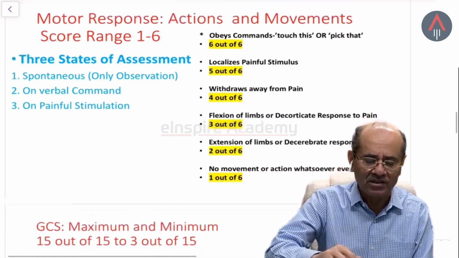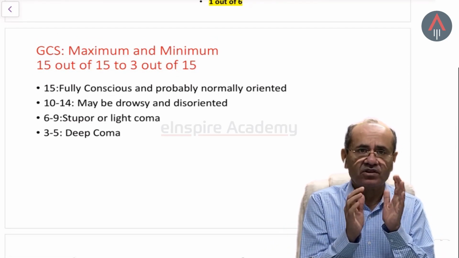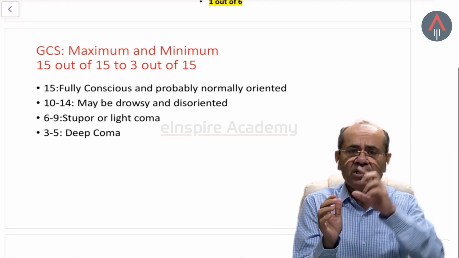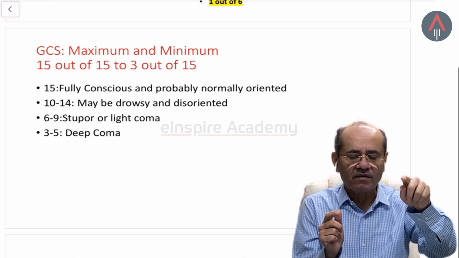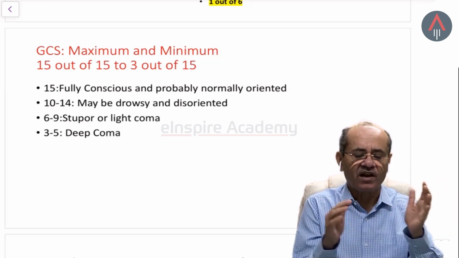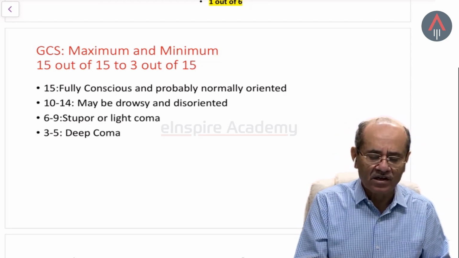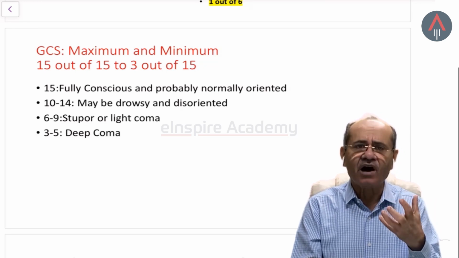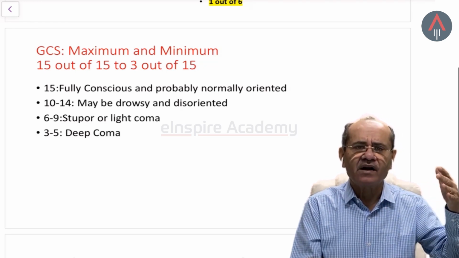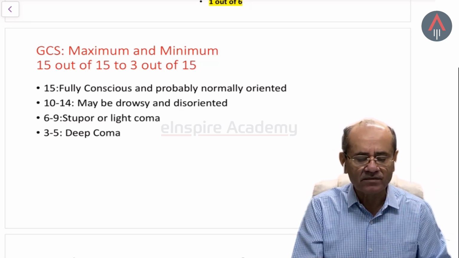So now you can imagine the Glasgow coma scale will have a minimum of 3 out of 15. So in each case, there was one number for the worst response, and the maximum would be 15 out of 15. You can imagine a person who is scoring 15 is fully conscious and he is fairly well oriented. However, if you go into a more detailed assessment of orientation, there may be some errors, but he is fully conscious.